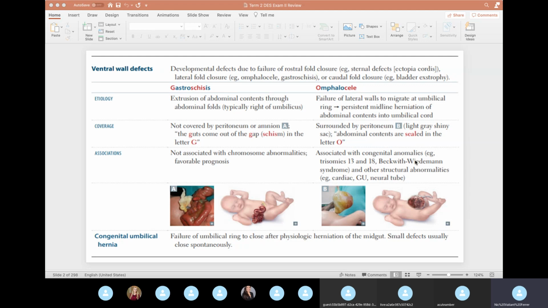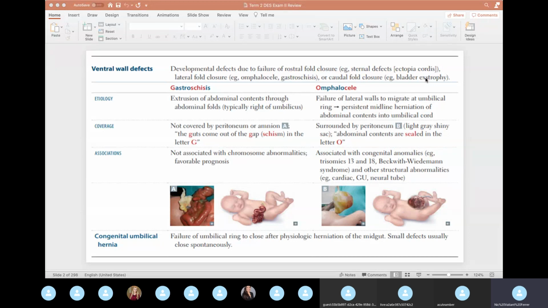Omphalocele is failure of the lateral walls to migrate at the umbilical ring, so you have a persistent midline herniation of the abdominal contents. It is surrounded by peritoneum. It is also associated with congenital anomalies. You have trisomies 13 and 18. Also, it can be seen in trisomy 21.